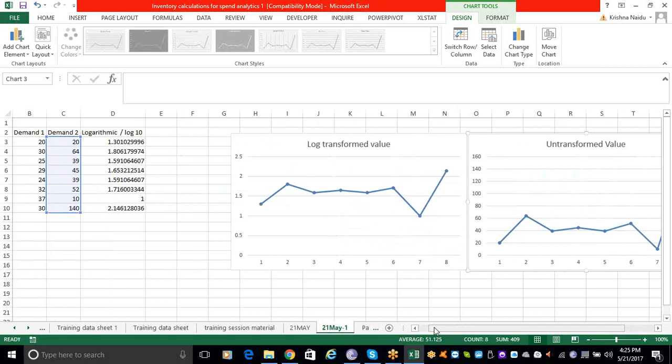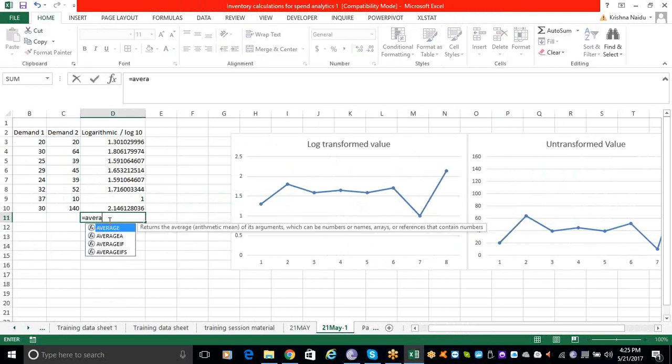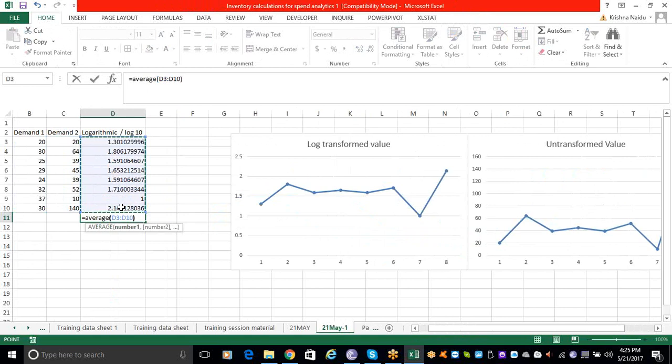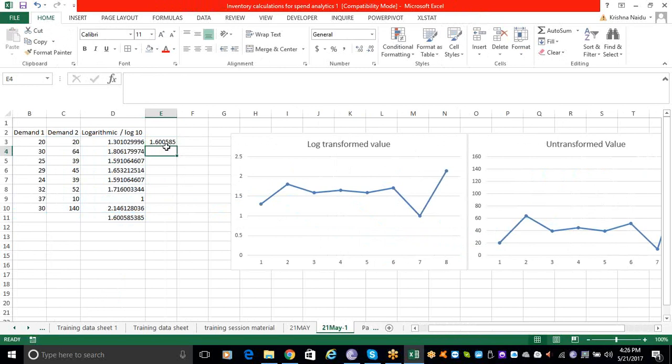So what we are saying is, let me take the average of the transformed value. Same thing I did before, I'm doing it again. The only thing is that I transformed it to reduce the variations.